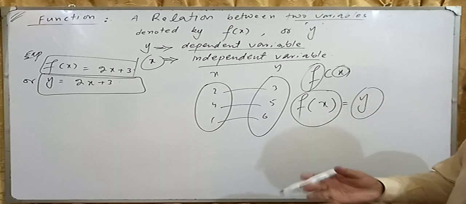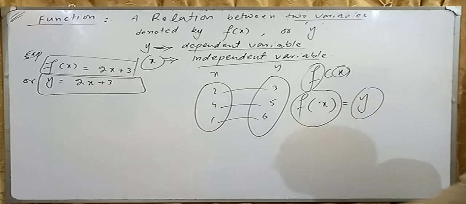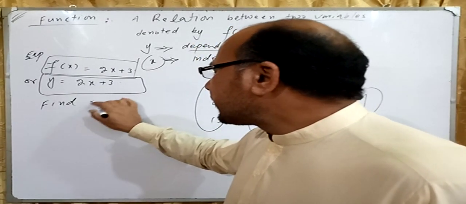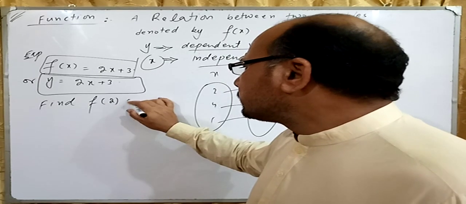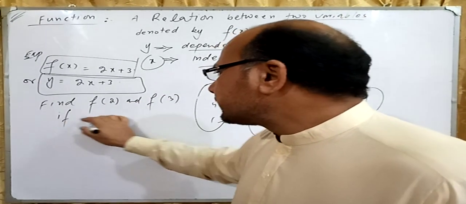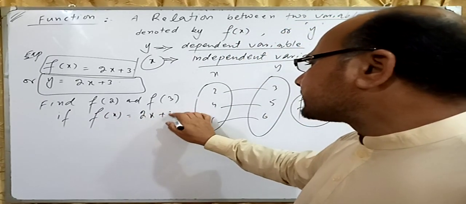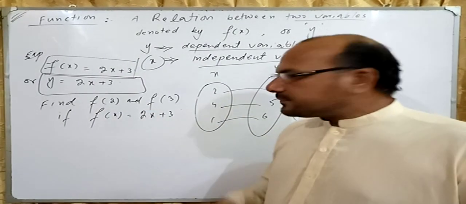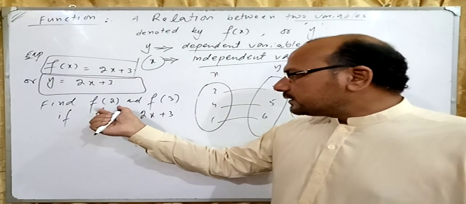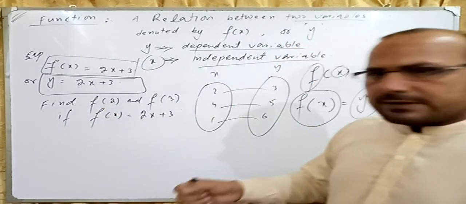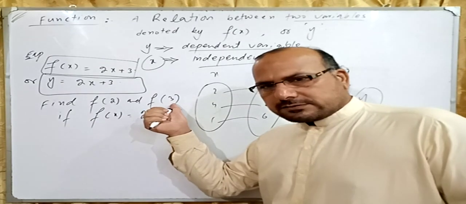So let me solve an example related to a function. For example, find f of 2 and f of 3, if f of x is equal to, suppose, 2x plus 3. Suppose this is a question: find the value of the function if x is equal to 2 and find the value of the function if x is equal to 3.